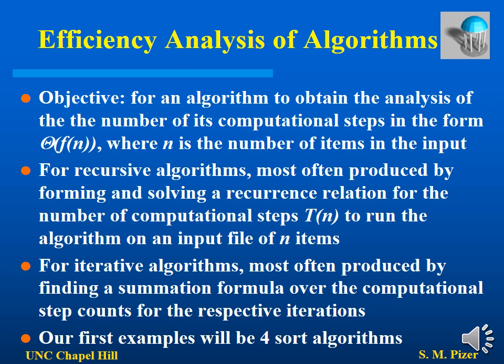And the total time will be the sum from i equals 1 to the number of times around the loop, let's say n, of t sub i. That is to say, the computing time will be in the form of a summation. And then we have to turn that summation into the form theta of some f of n. And we'll be seeing how to do that as well.